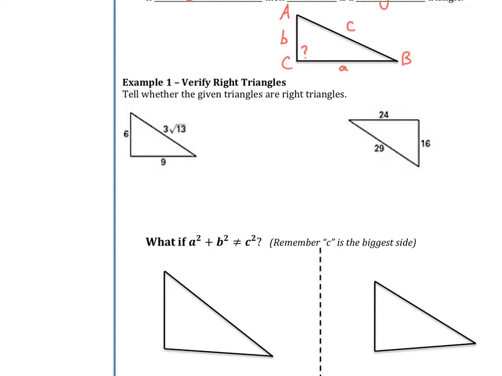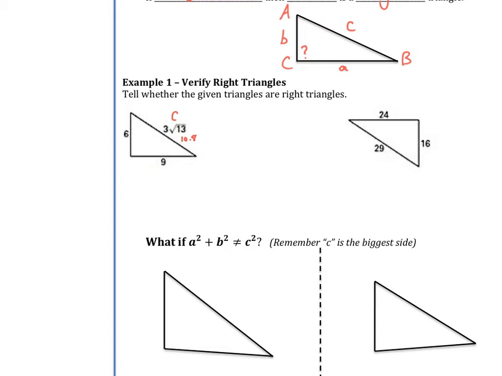So if you look at the one on the left, we have 6 and 9 and 3 square root of 13. 3 times the square root of 13 is 10.8. I typed it in my calculator to find that out because I want to know which side is the biggest side. And the biggest side is 3 square root of 13.